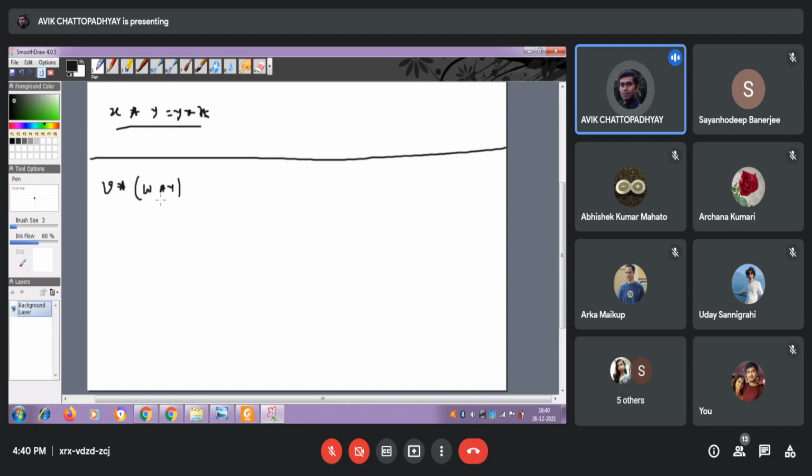This can also be written as: you first convolve V and W, and then after doing this convolution you convolve with the other one, that is Y. So this is your associative property.